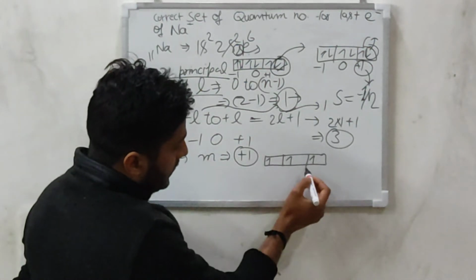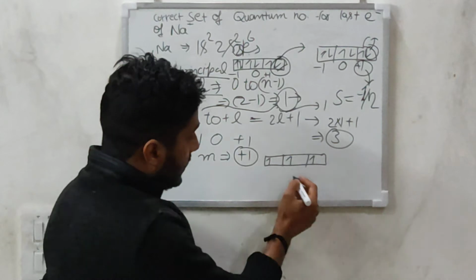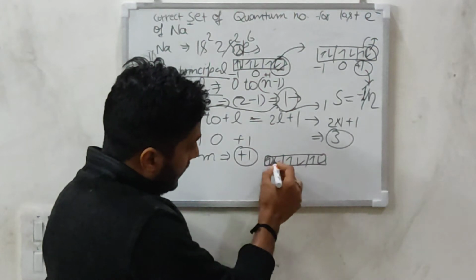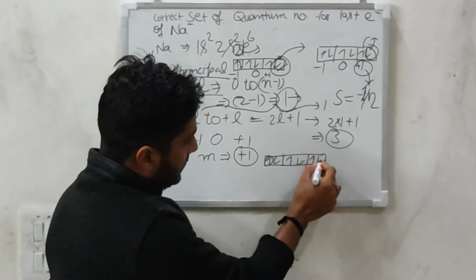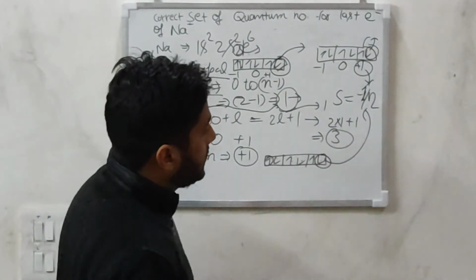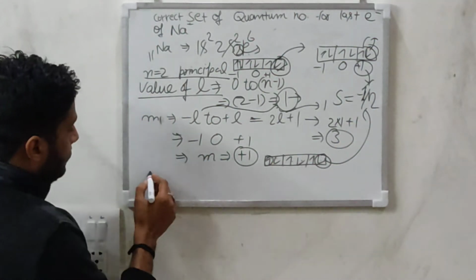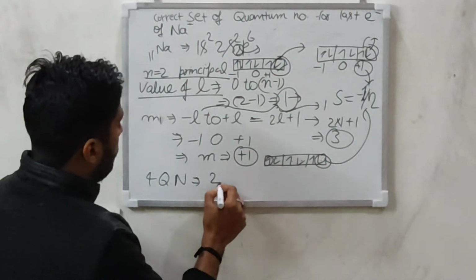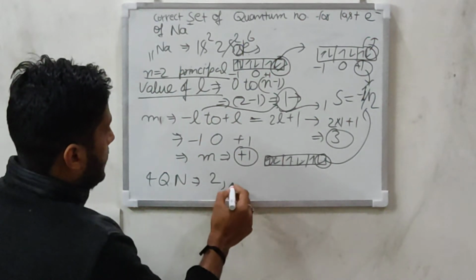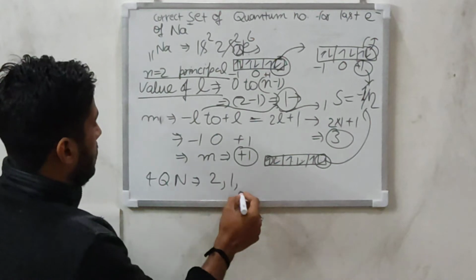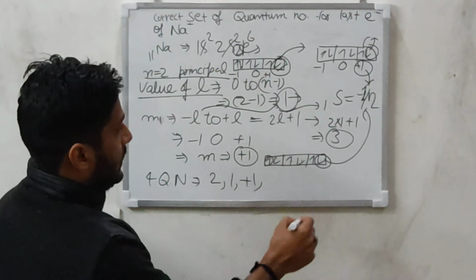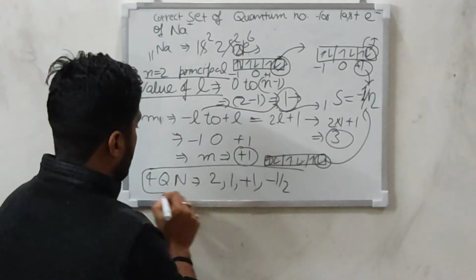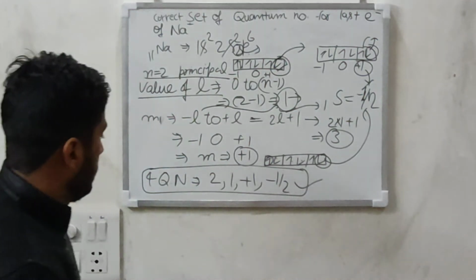That is why the orbitals first try to half fill, and after that the pairing occurs. So in this way, the 6th electron has downward spin, s is equal to minus half. So all four quantum numbers will be: n is equal to 2, l is equal to 1, the magnetic quantum number is plus 1, and the spin quantum number is minus half. So from here, this will be your answer.